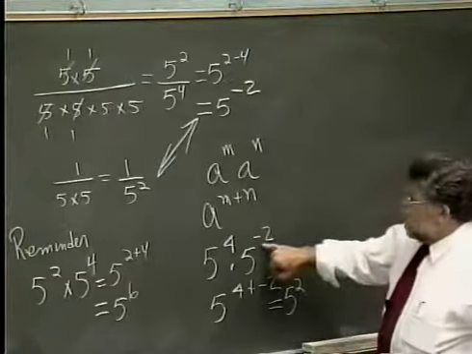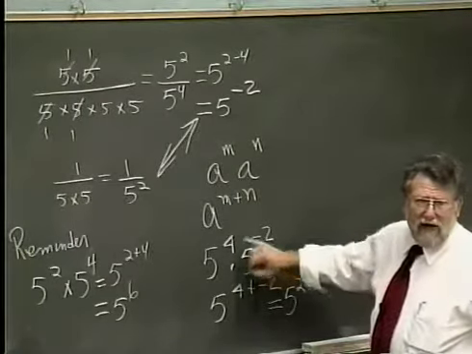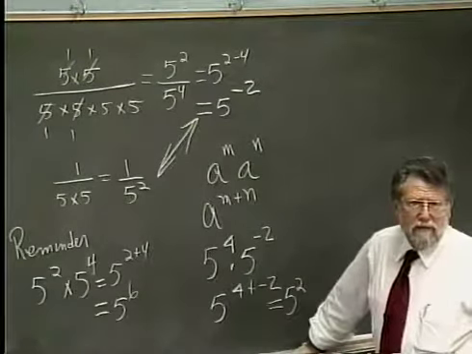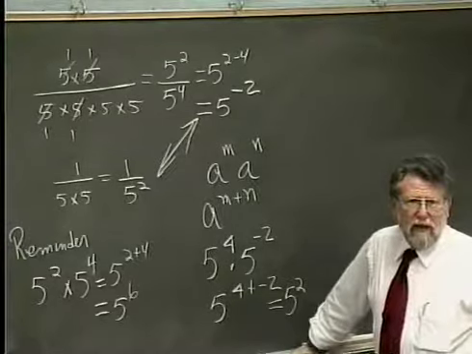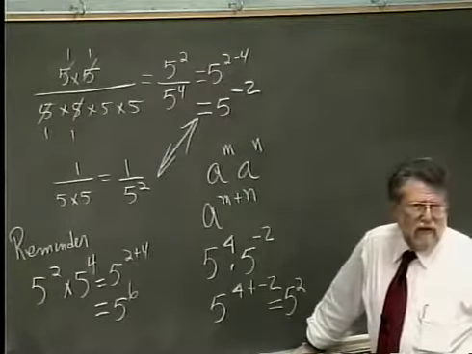Because what is 5 to the minus 2? 1 over 5 squared. So I have 5 to the 4th over 5 squared. That is going to be 5 squared. These are all arguments hoping that you feel comfortable with our definition.